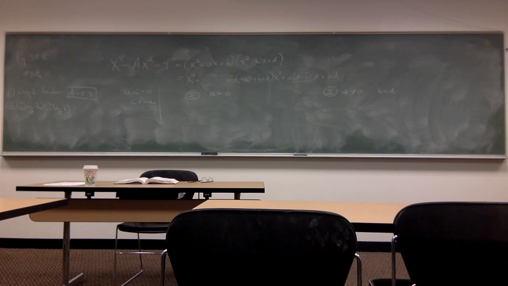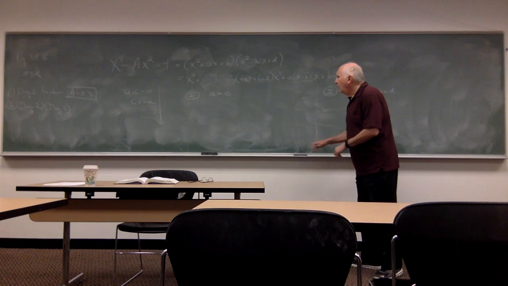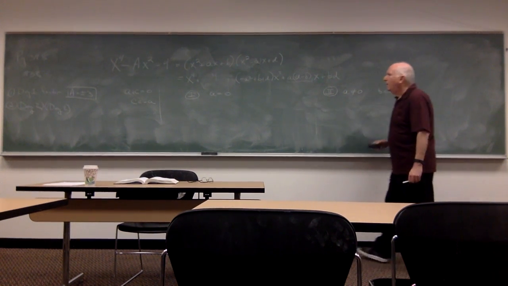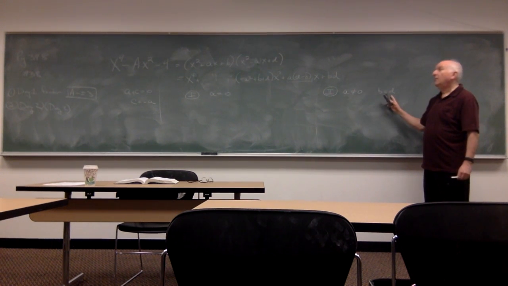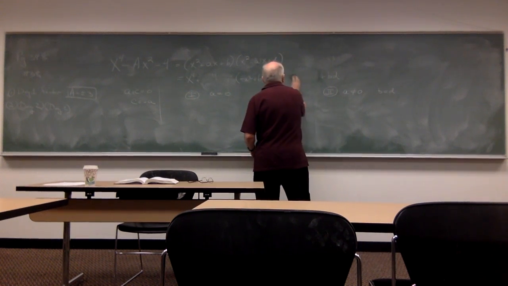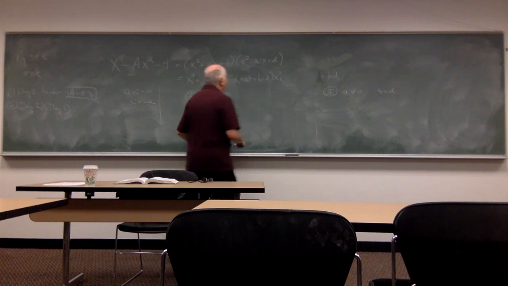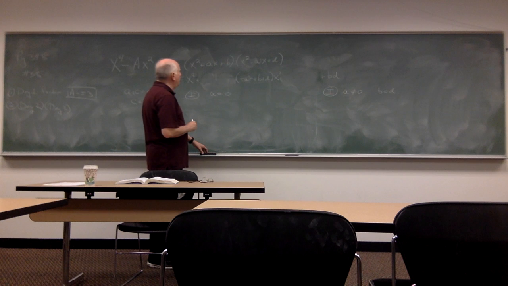So let's look at the two possibilities. Whether you're in possibility 1, where a is equal to 0, or possibility 2, a isn't 0, but therefore b equals d, this term has now gone away. So, let's solve these.